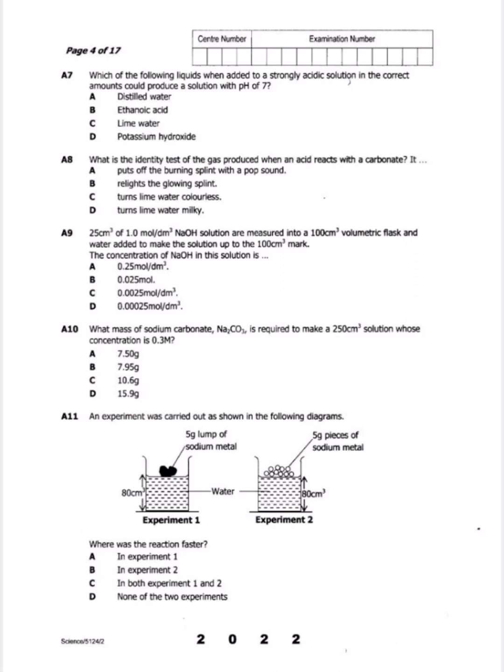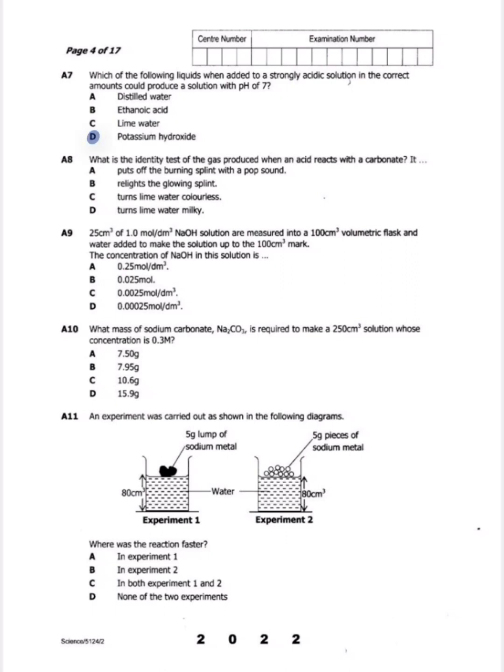They are talking about the reaction between an acid and a base, so B is not the answer also. C, lime water, is not the answer also. Then D, we have potassium hydroxide. This potassium hydroxide is a strong base. So when this one is reacted with any acidic solution, salt and water are going to be produced. Okay, so the answer here is D.